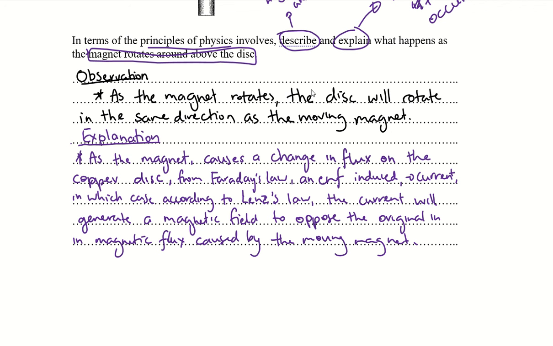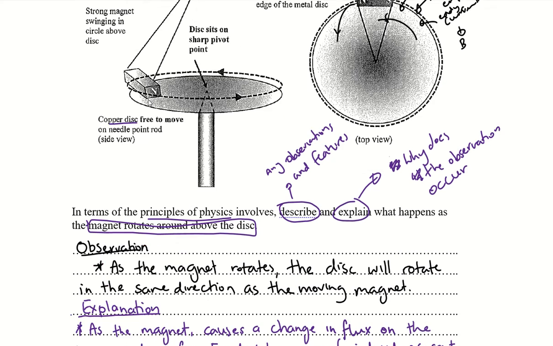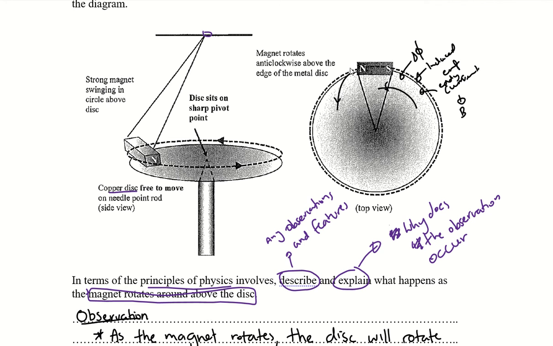Okay, so the final part that we can probably work out is the direction of the eddy current and what's happening here. So let's have a look at the diagram. We have a magnet that's going in this direction here. As the magnet is going in this anti-clockwise direction, let's work out which direction the eddy currents are going to move.